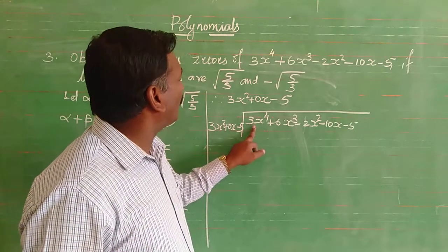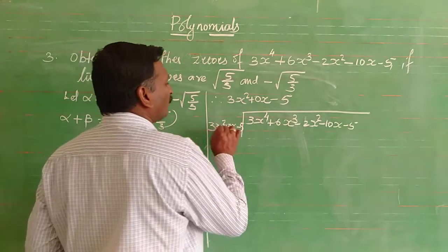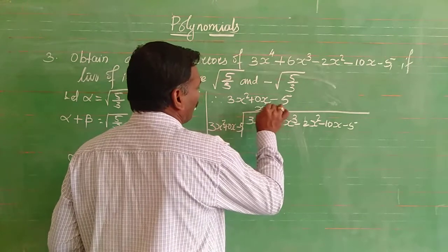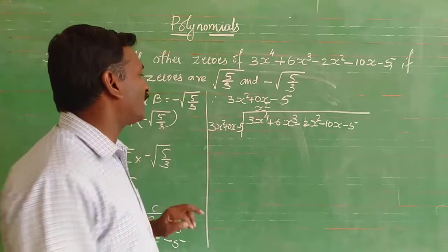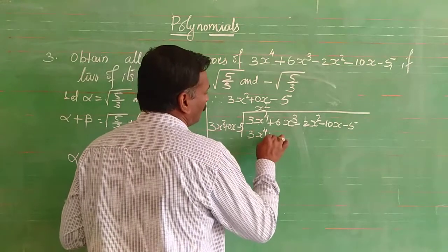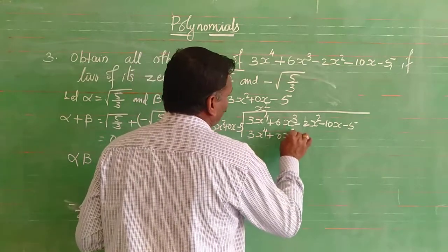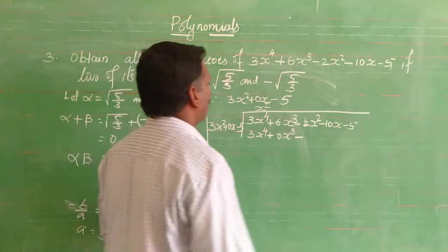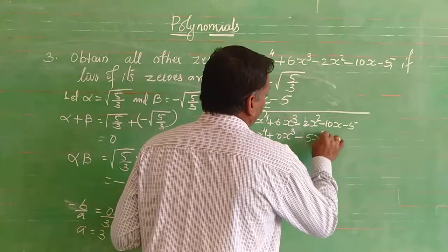Here is 3x raised to 4, so we multiply x squared into 3x squared, that is 3x raised to 4 plus 0x cubed minus 5x squared.